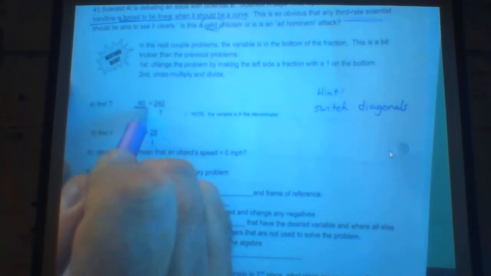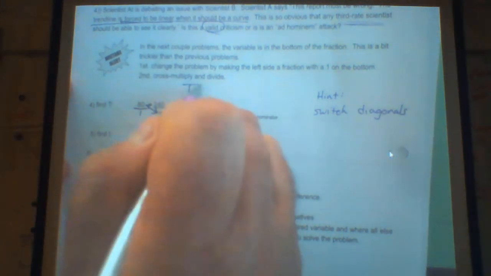So one thing that we can do to help us out is to think of this as a proportion. 80 over 1 equals 240 over t. And we could, if we wanted to, cross multiply and divide. People are very familiar with that and are very comfortable with that. But there's an even easier way.